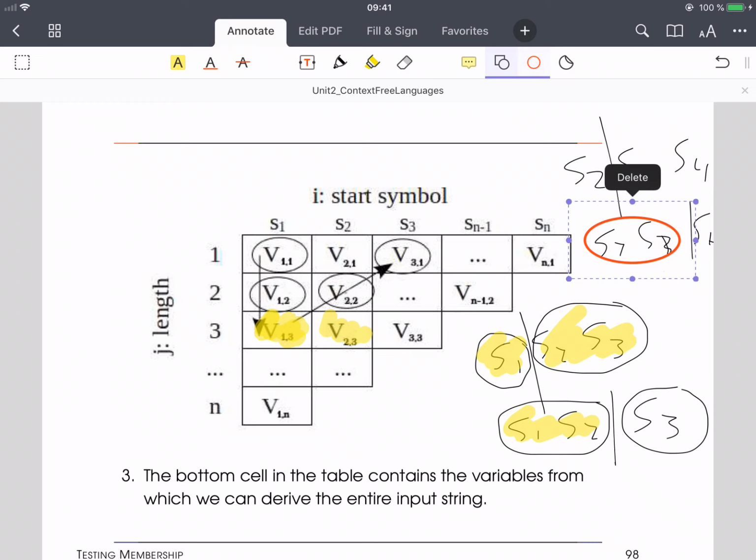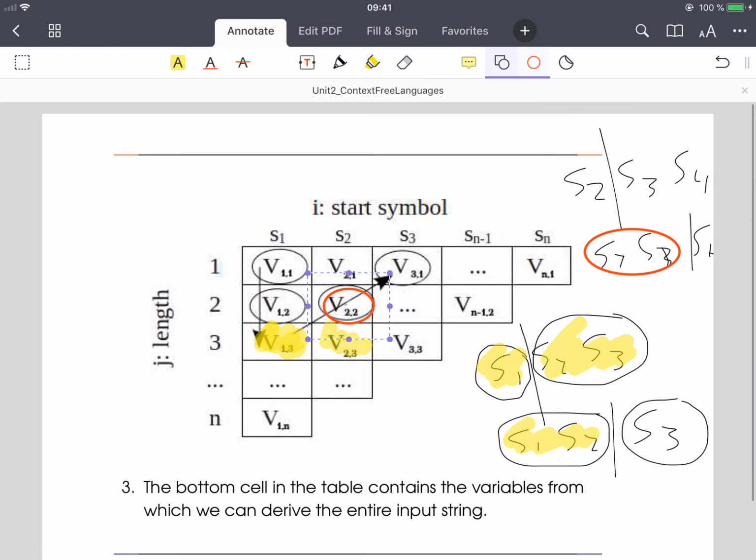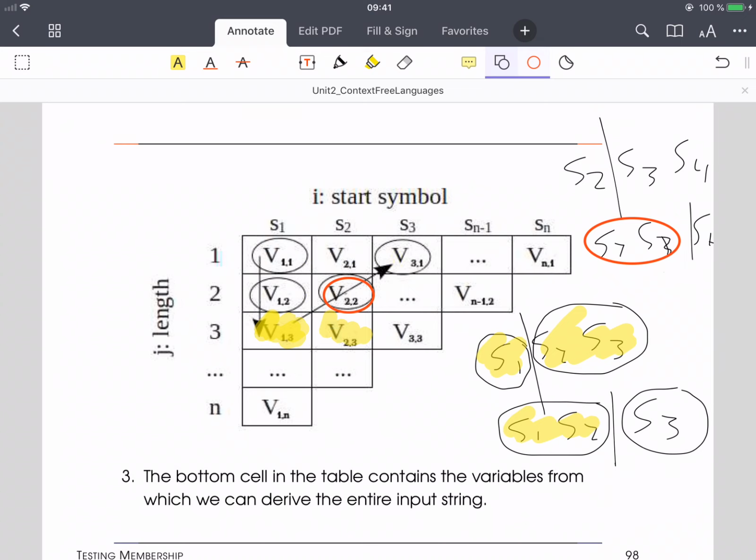That word is generated by the variables that we have here, and S4 is generated by the variables that are here. Okay, and that is exactly the same, moving everything to the right with all the cells in this row.